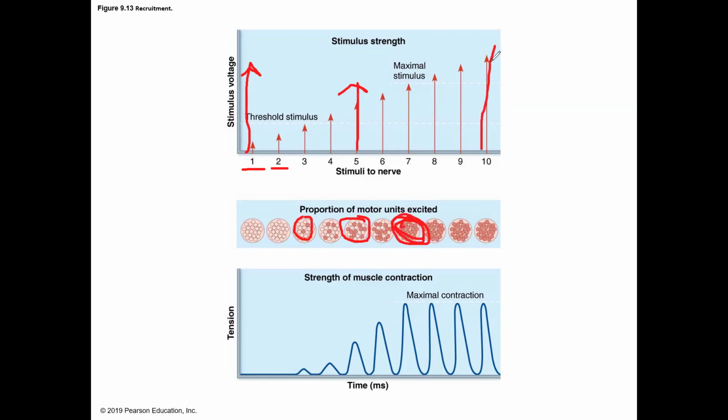And eventually that'll give you maximum tension out of the muscle. And that's what this staircase buildup effect of tension is showing. You first incorporate the small motor units, then the mid-sized motor units, and then the large motor units. That'll give you maximum tension from the muscle. And of course, increasing frequency of neurotransmitter release onto the muscle.